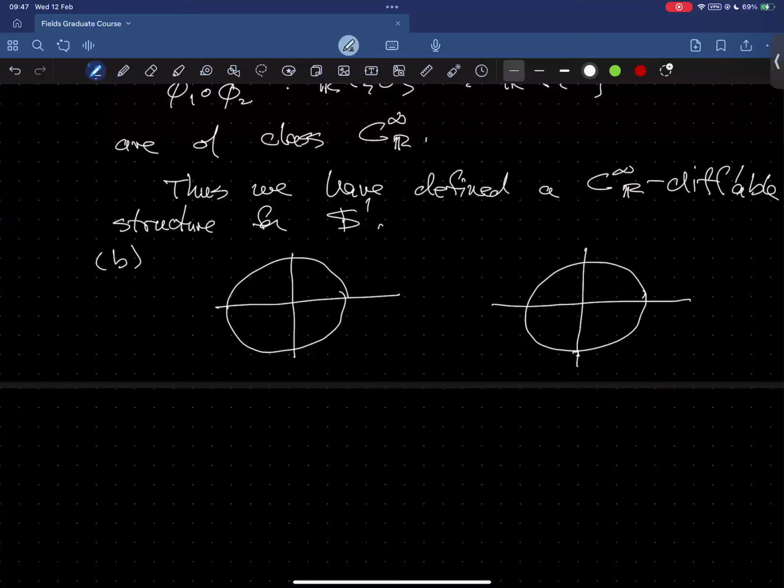Okay, so here what we're going to do is we're going to define sort of a normal kind of angle chart for the circle, two of them. All right. So the first one is going to be U1, which is S1, and now I'm going to take away this point. Take away -1, 0.